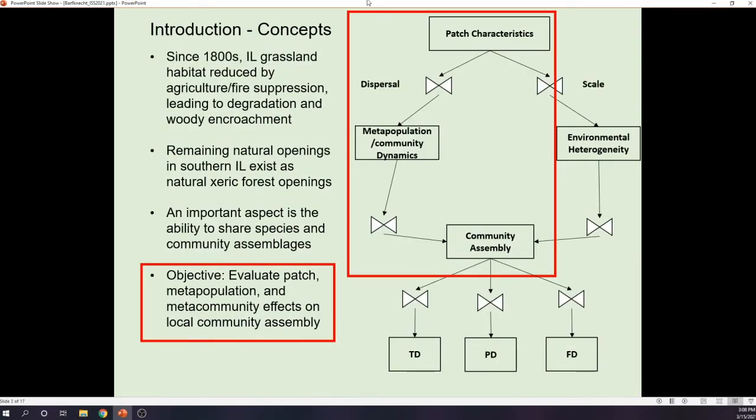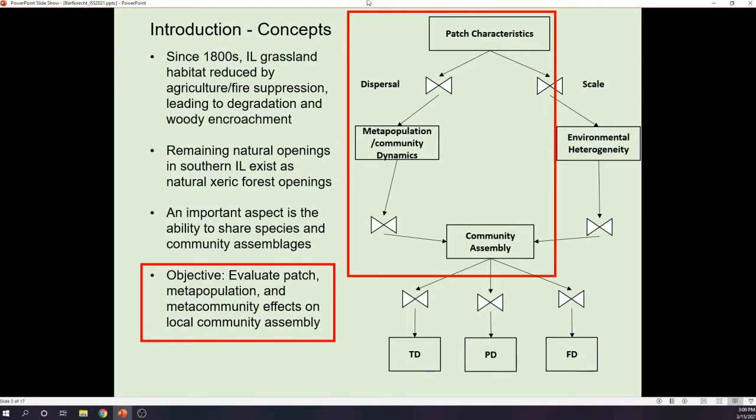Backing out a little to talk about the background: since the 1800s, close to the peak of European settlement in most areas of the Midwest, the Illinois grassland and other related habitats largely had reductions in both quality and quantity due to agricultural practices as well as fire suppression, mostly from anthropogenic sources.